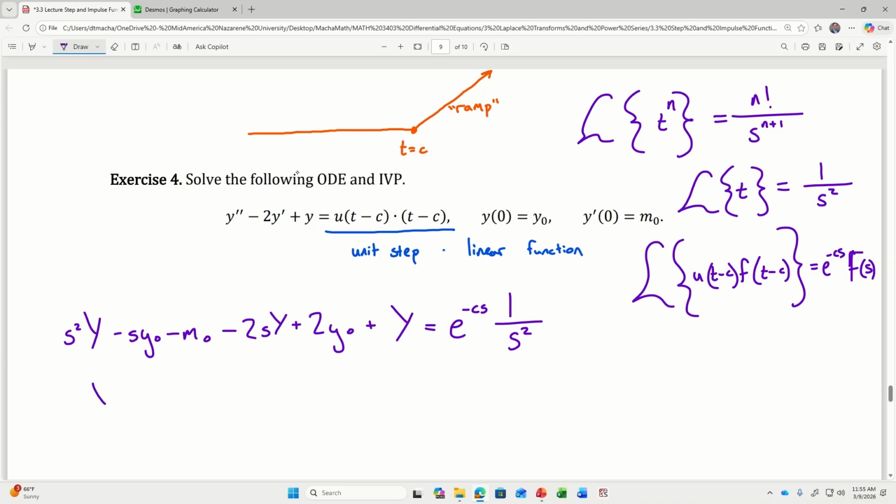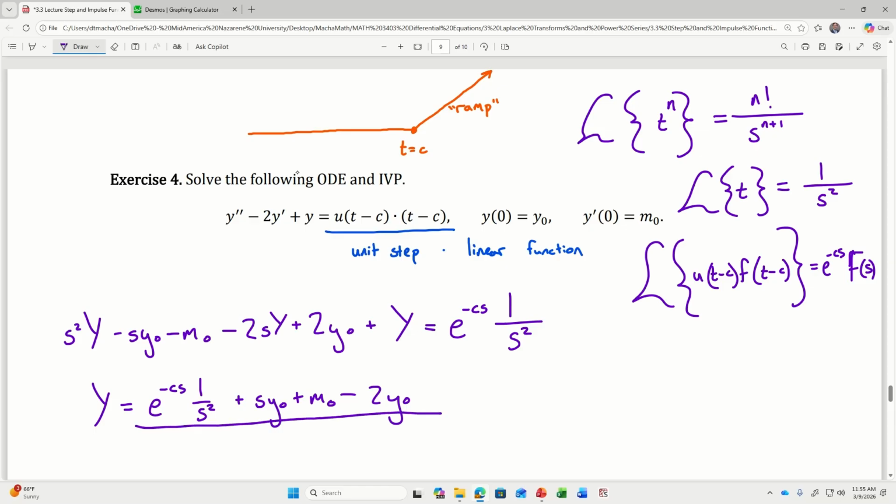Then when we solve for Y, we keep e to the negative cs times 1 over s squared. And we're going to add to that sy0, add y'0, subtract 2y0.